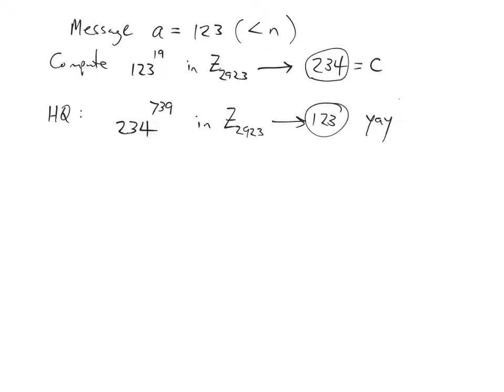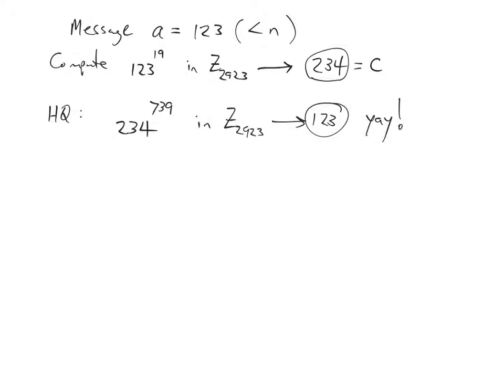Yay. Okay, so I did all the steps of the extended GCD to show you that, and other than that, that's a complete example of building and using the RSA scheme.